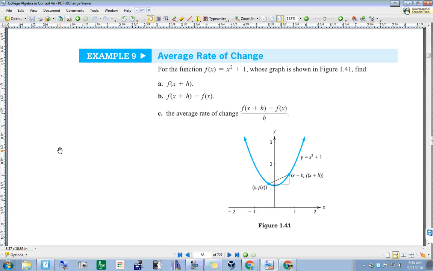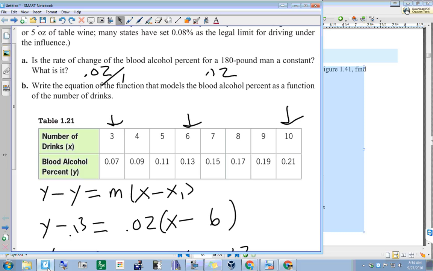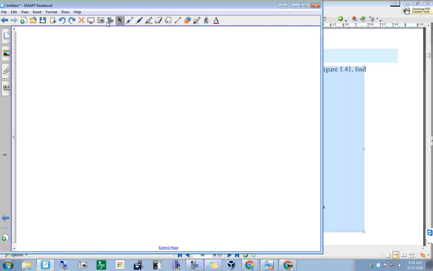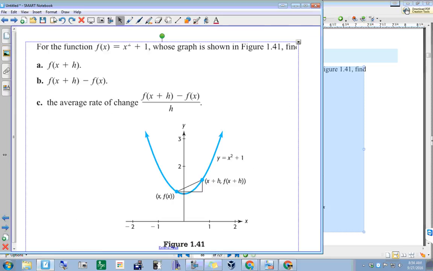So now, on A here, this is where it gets a little on the trickier side.